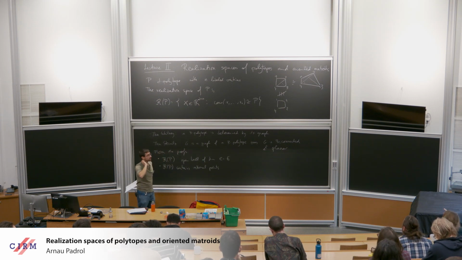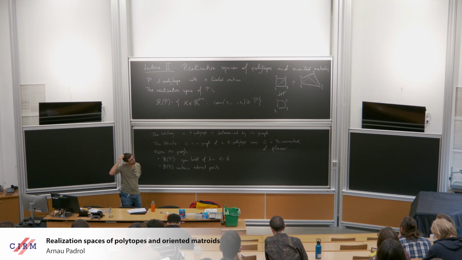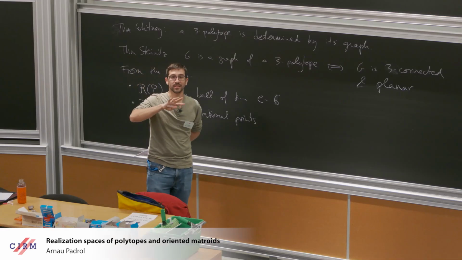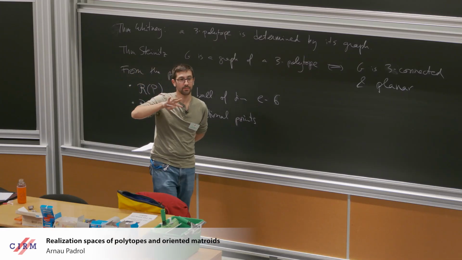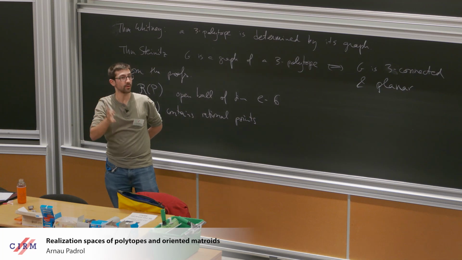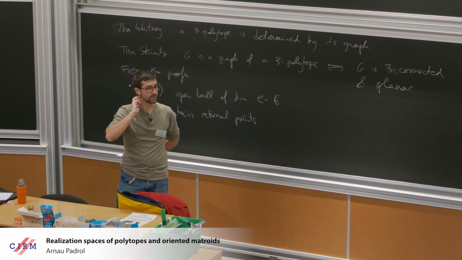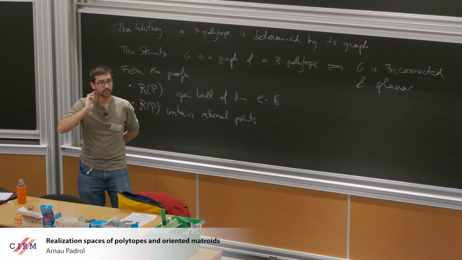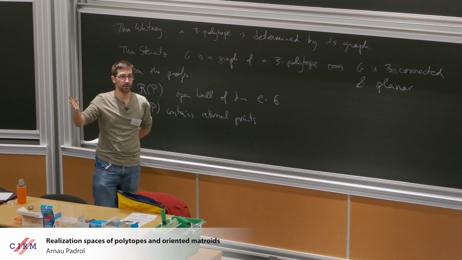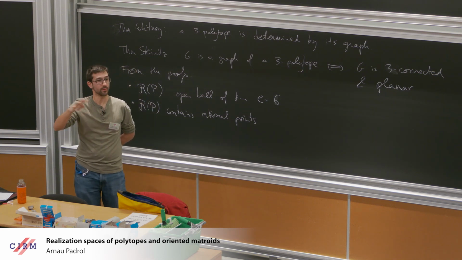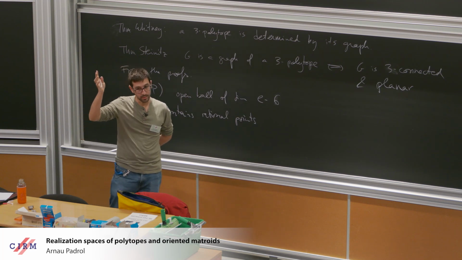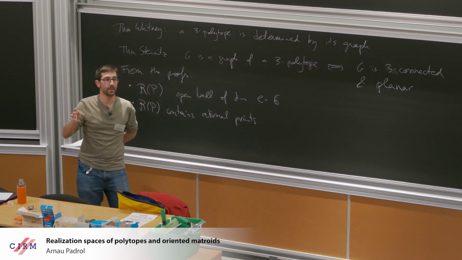And another question is about if you change the orientation? Yeah, so I'm cheating a little bit. These realization spaces are not connected if you don't mod out by change of orientation. So if you have 2 mirror images of the same polygon, you cannot go from one to the other. And actually what we do is we mod out these affine transformations.